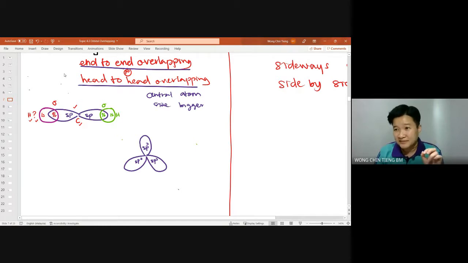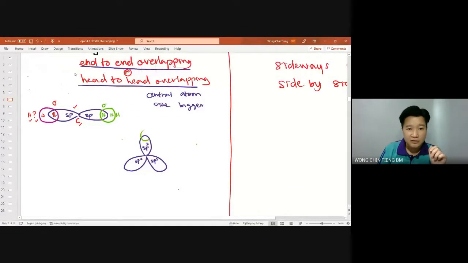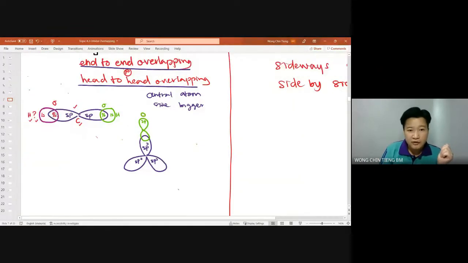So, learn this. Okay? When I have a P orbital, you will draw it like this. The overlap is very small, it's hard to draw the electrons. Okay? 2P, let's say oxygen's. So, as usual, we will put the electrons in the middle. So, you have your electrons over here, sigma. Right?